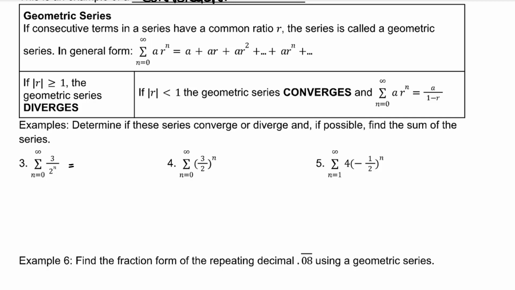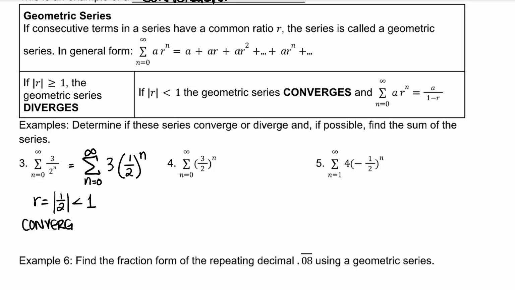I could rewrite this summation to be 3 times 1 over 2, all to the power of n, to make it look more like a times r to the n. This makes r, our common ratio, equal to 1/2. The absolute value of 1/2, is that less than 1? Yes. So this geometric series converges because the absolute value of the ratio is less than 1. The test we used to prove this was the geometric series test.